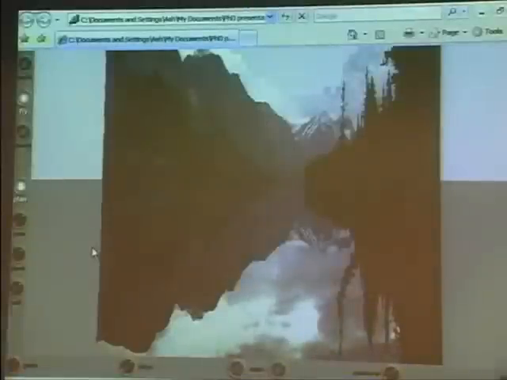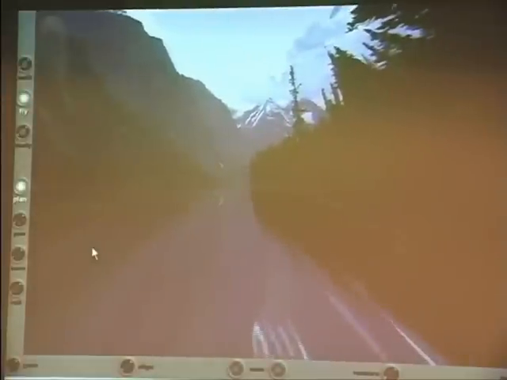So this is the image of a mountain, which was downloaded from the internet. And you can just move in the image. Look at the skyline of the mountains on the left, and the trees. So it gives you a decent fly-through experience.